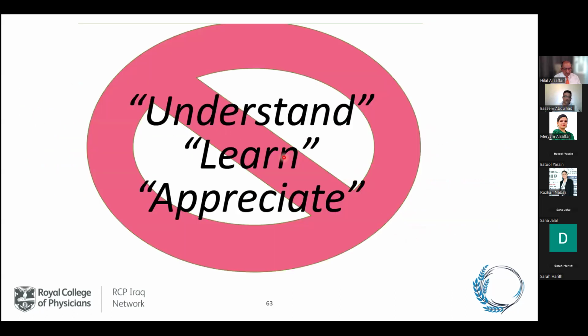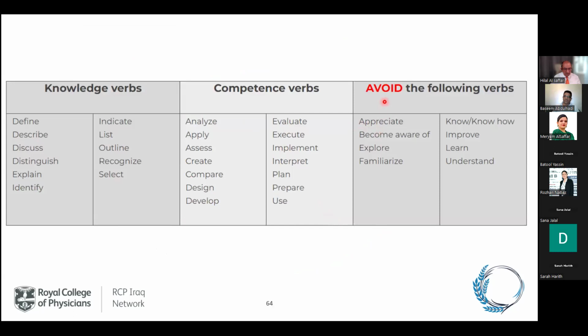So these verbs should be avoided: understand, learn, appreciate, become familiar, and also all the following verbs should be avoided: become aware of, explore, familiarize, know or know how, improve, learn, and understand. And these two verbs, I've seen them several times in the lectures in our college, learn and understand, and these should be avoided.